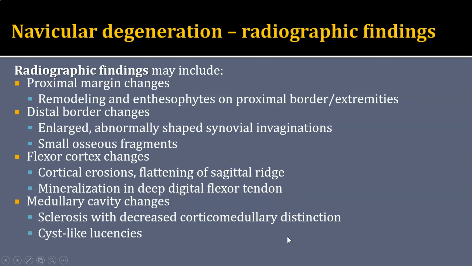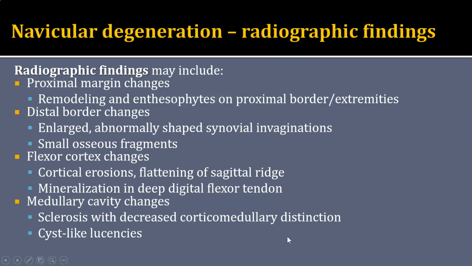These abnormalities are varied and may occur separately, but they usually occur in combination with each other, and can occur unilaterally or bilaterally, predominantly in the thoracic limbs. It's less common to see navicular disease in the pelvic limbs. The abnormalities identified, as I already alluded to, must be interpreted in context with the presenting clinical signs.